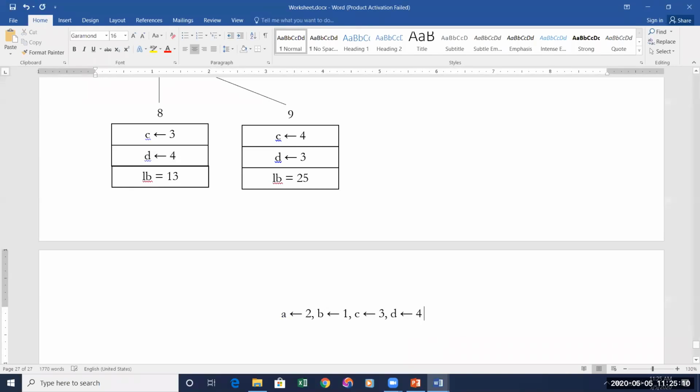So the solution, at a minimum cost of 13, is what you should write at the end of the problem.